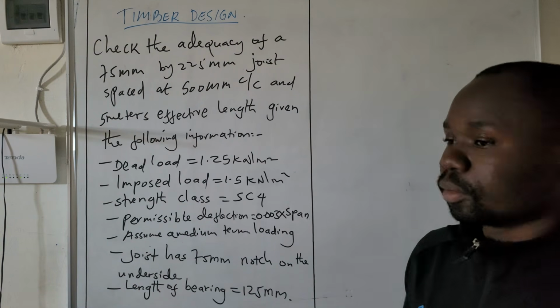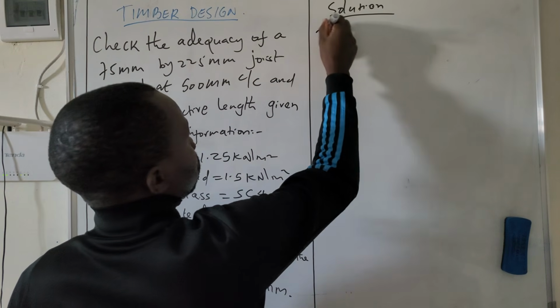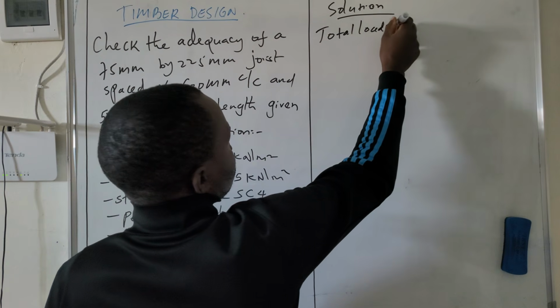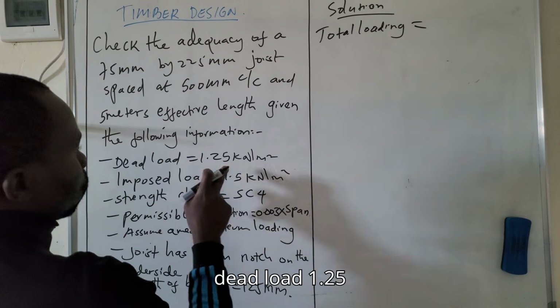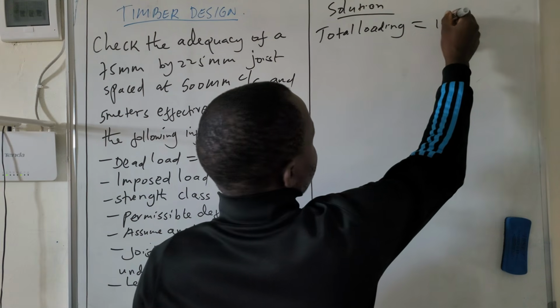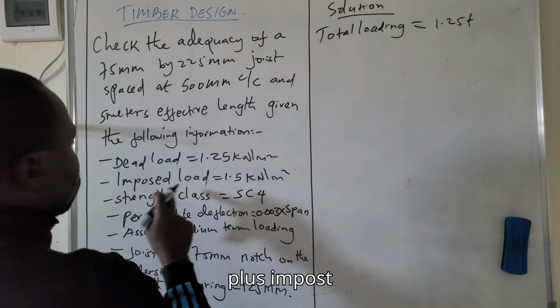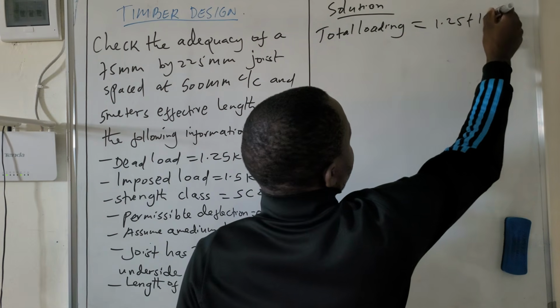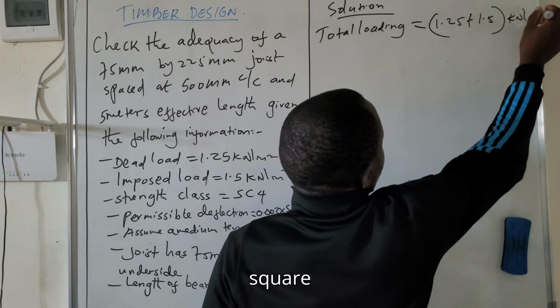So solution: determine the total loading. So total loading is equal to dead load 1.25 plus imposed load 1.5 kilonewton per meter square.